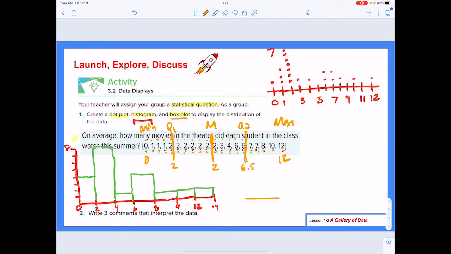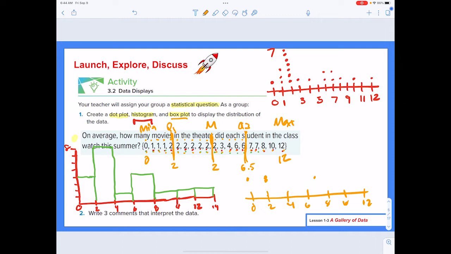So we do a line plot like so. We have 0, and again, we can do 2, 4, 6, 8, 10, and 12. We put our points in here. We know that our median is here at 2. But we have a minimum at 0. We have a median at 2. We also have quartile 1 at 2, which is a little tricky there.